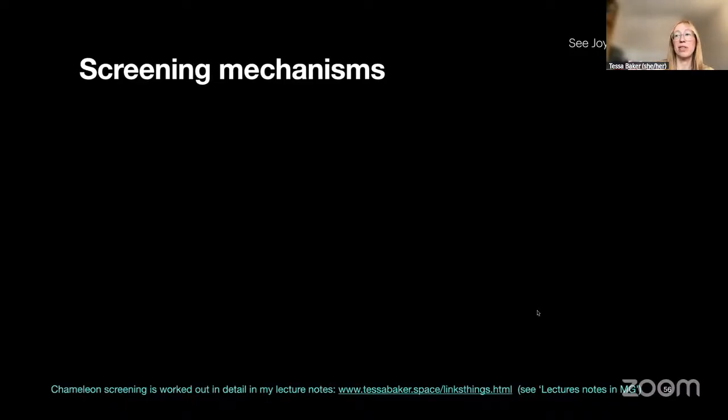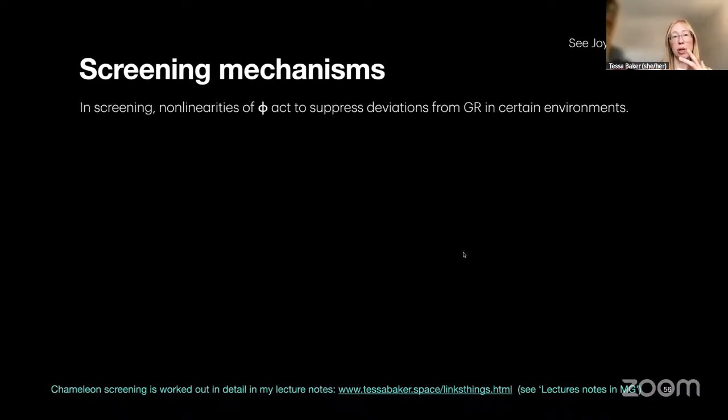So what is screening? Screening is a set of properties that belong to some modified gravity theories, in which non-linearities of the scalar field, usually it's a scalar field, act to suppress deviations from GR in certain environments.